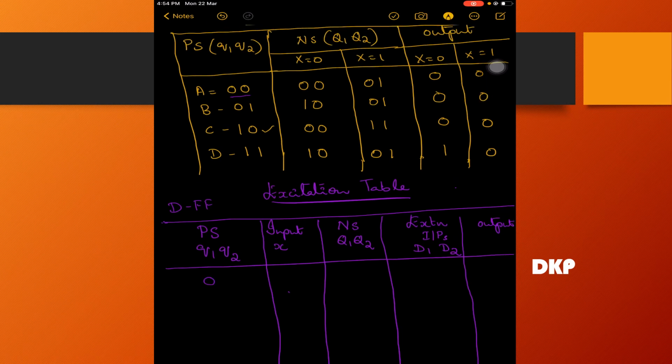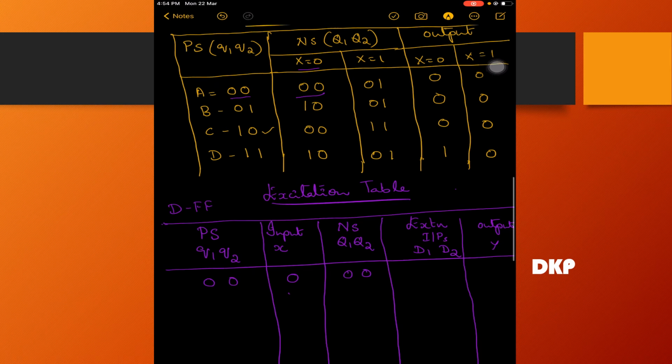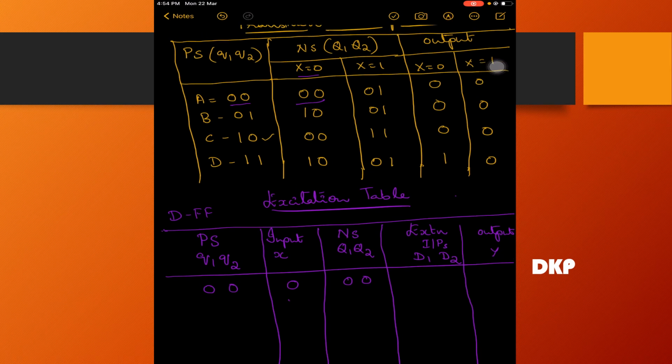If the present state is 0 0, the input given is 0, the next state is 0 0. And what is the last? The output y is equal to 0. That you have to write from here.